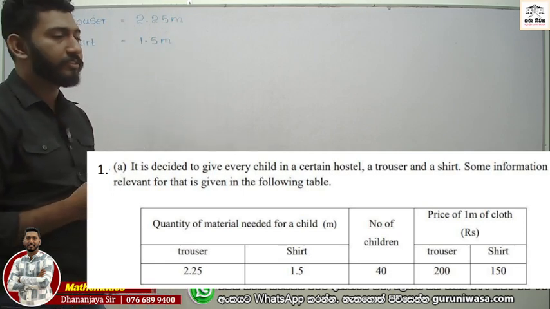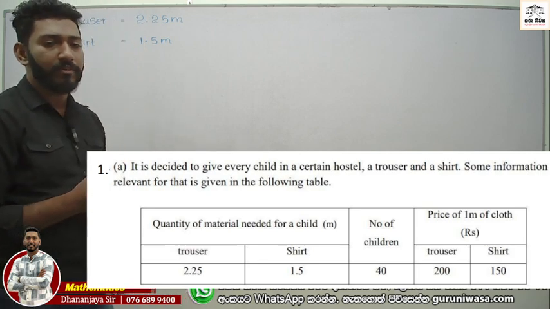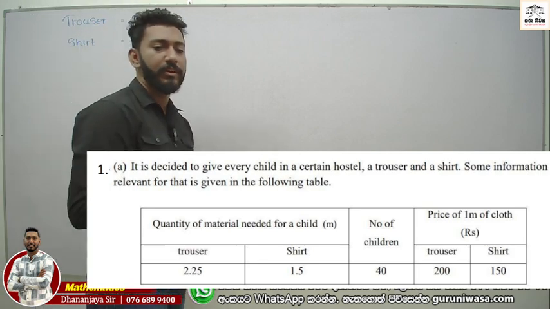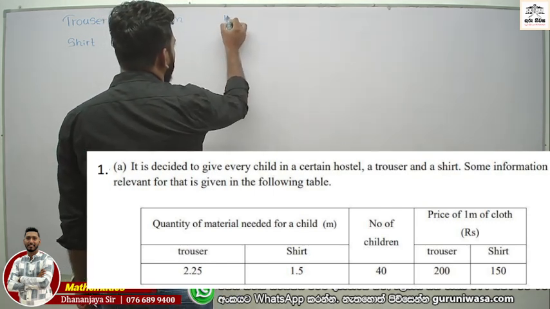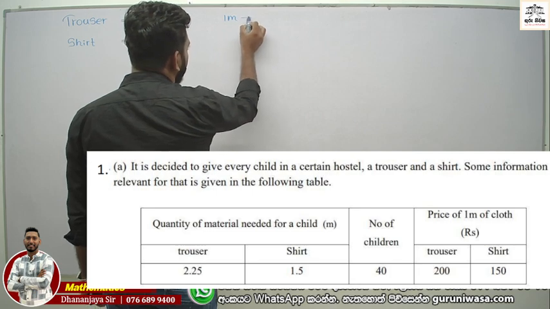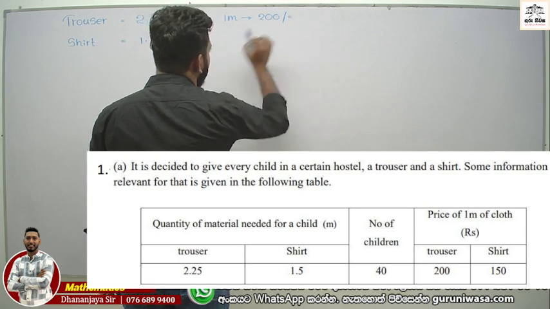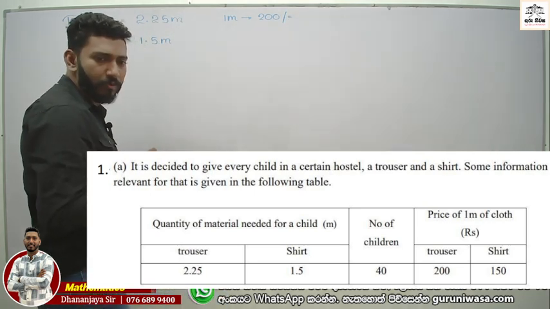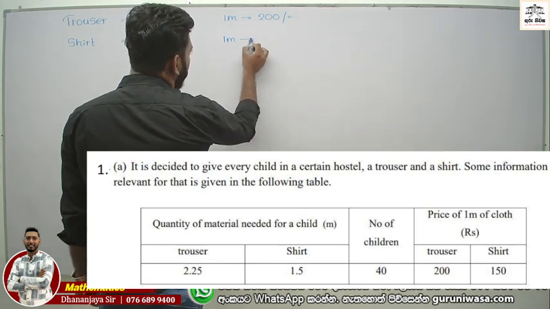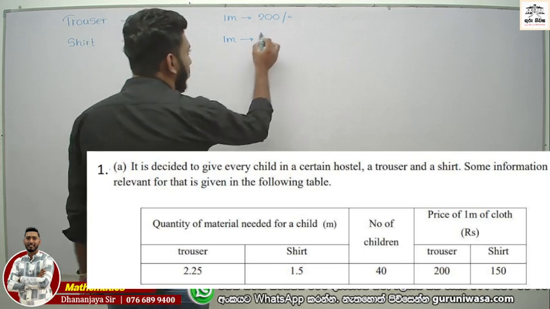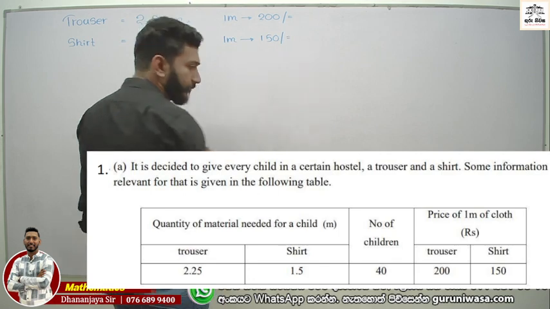Number of children, there are 40 children. And the price of 1 meter of cloth is, for a trouser, 200 rupees per meter, as well as for a shirt, 150 rupees per meter.